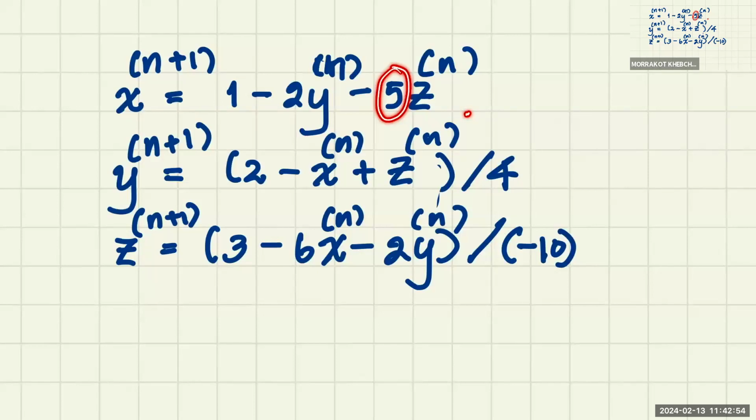You see, this z is multiplied by 5. If I input 1 for z, and I don't know what the solution is, I get an error. I multiply by 5, and the error gets larger and larger. The first time you multiply by 5, the second time by 5 squared, the third time by 5 cubed, and the number keeps getting larger. That's why this is a very scary part.